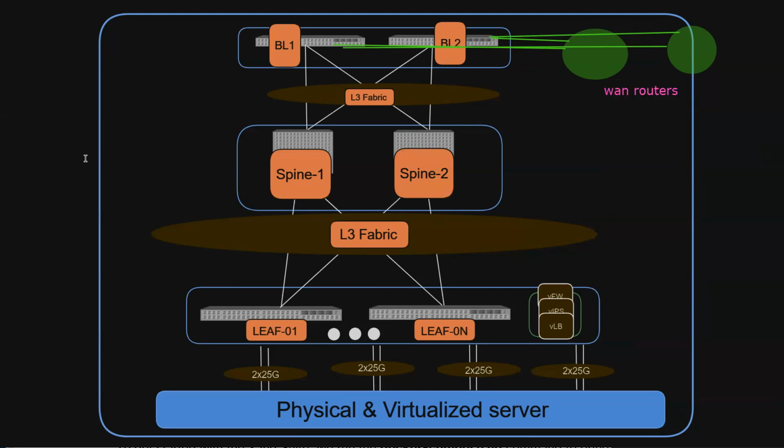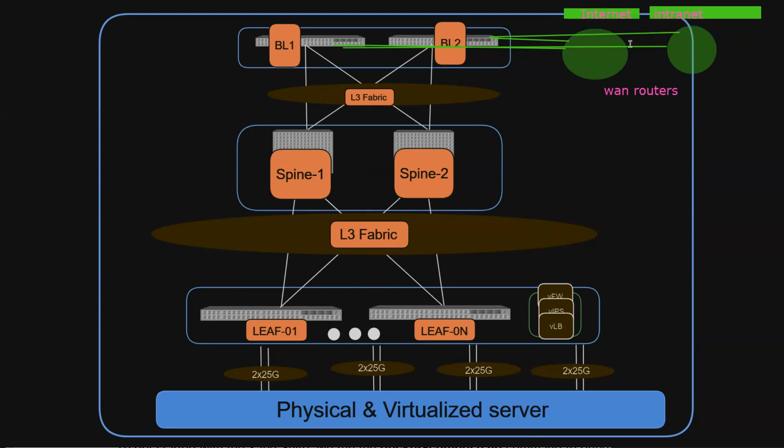And these WAN routers are further connected. They have two connections. Either they are going towards the internet or they are going to the other branches. So your inter-site connectivity is either internet or intranet.